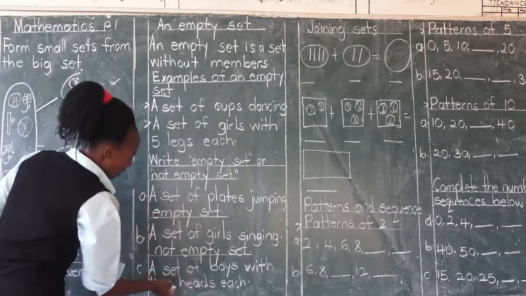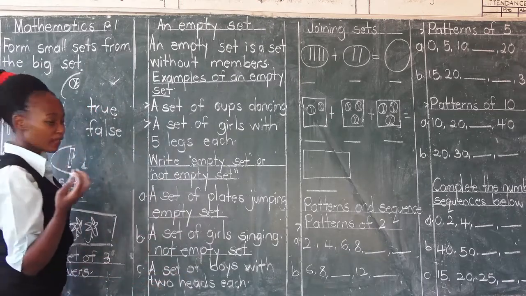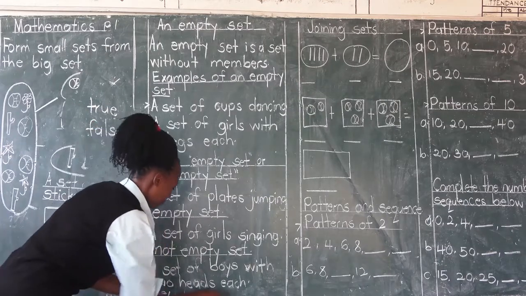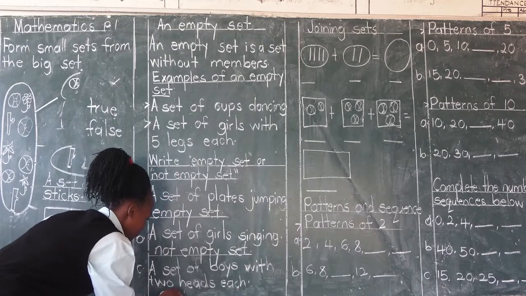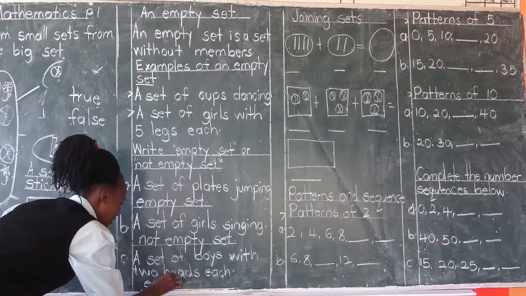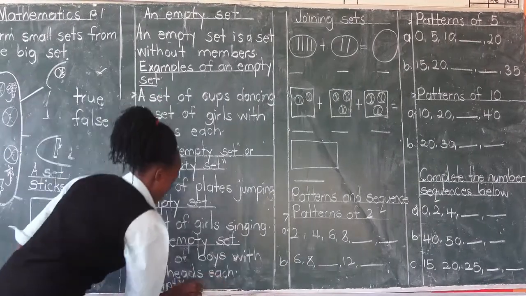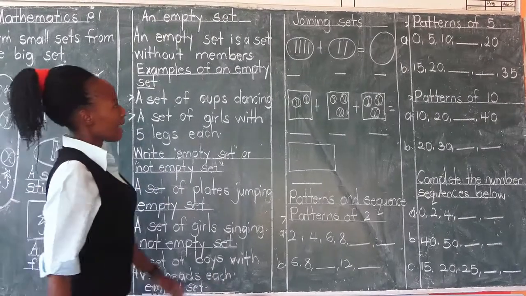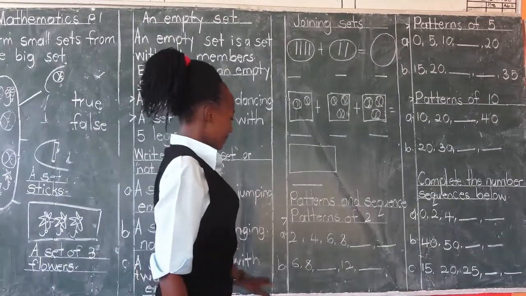Still, this is a set without members. You can't find one boy having 2 heads. This is an empty set. It has no members.